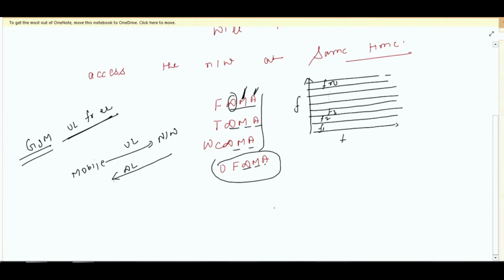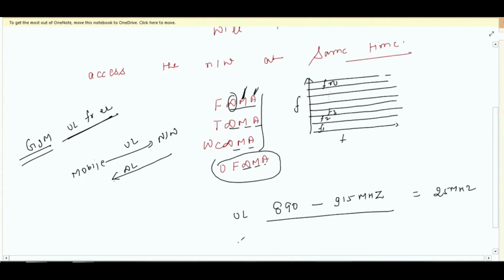So in GSM, the more popular spectrum was 890 to 915 megahertz. It is in uplink in GSM, the more popular spectrum. This is 25 megahertz. In downlink, the spectrum range is 935 to 960. This is again 25 megahertz.